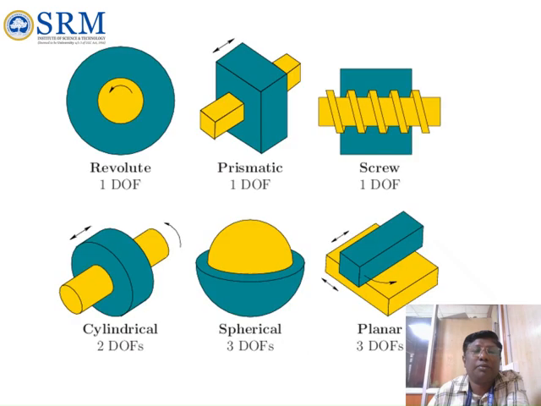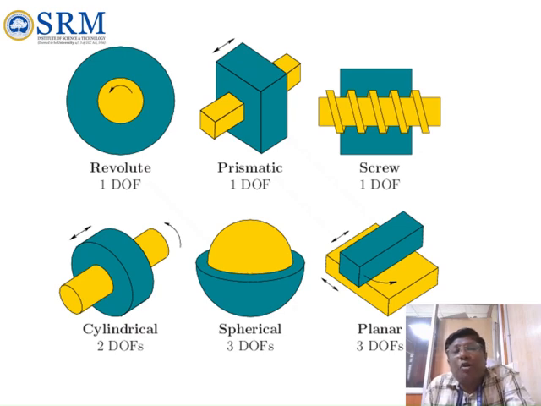Okay, now if you look at the cross section, this is the revolute joint, where it can rotate. This is the component, the outer body, the green color one. And the prismatic one, if you look at it, is in a rectangular shape. Here the movements are given, it can move in a linear direction.